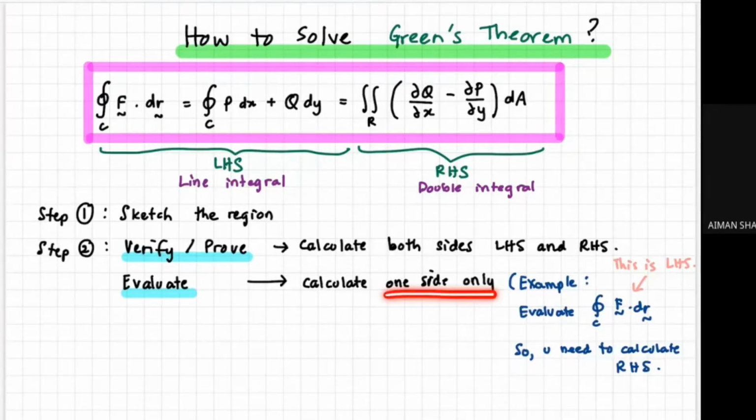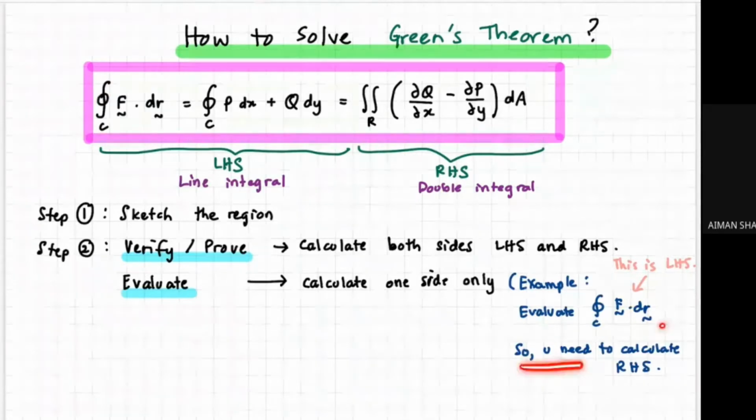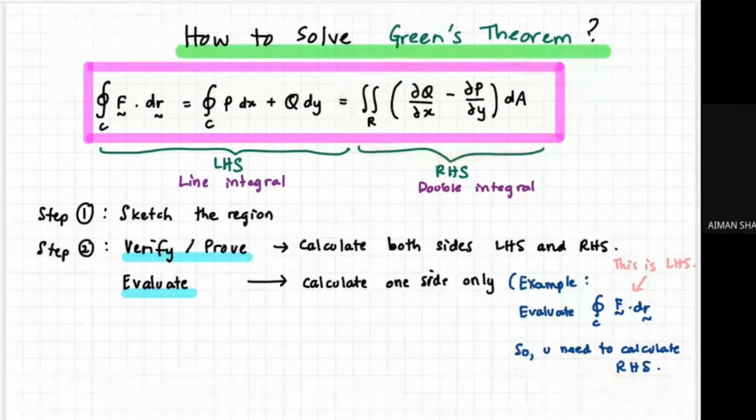For example, this question: evaluate the integral of F dot dr. You know this is the left hand side, so you need to calculate the right hand side. Similarly, if the given in the question is the right hand side, you have to calculate the left hand side.